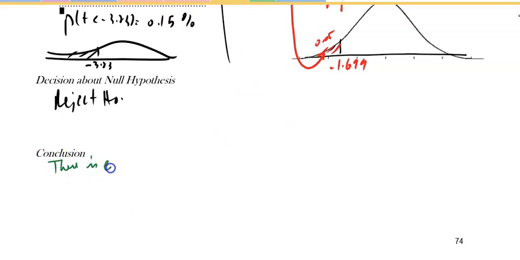And the conclusion is that there is enough sample evidence to support the claim.